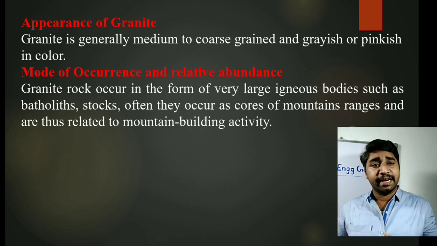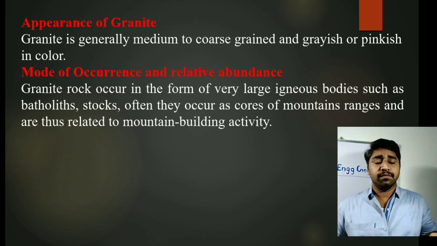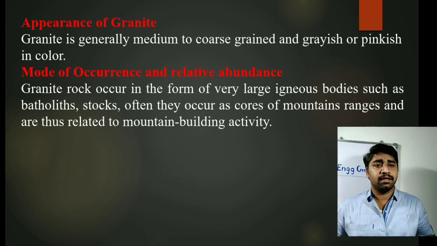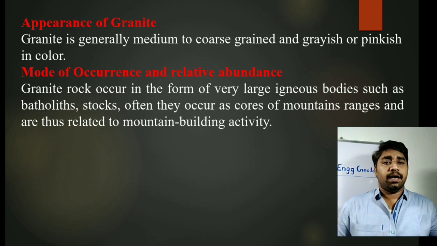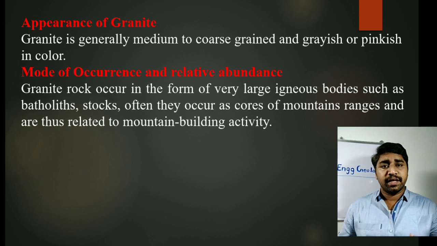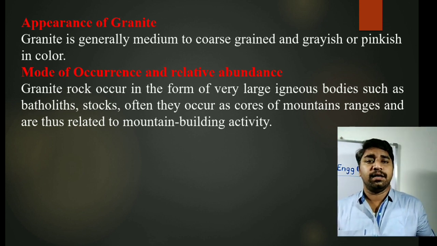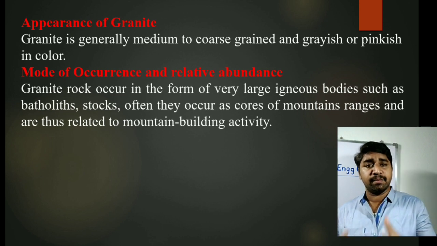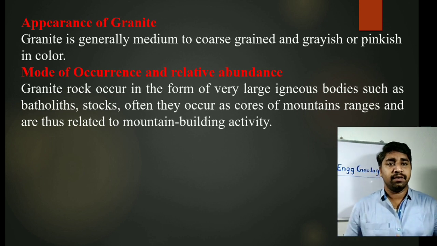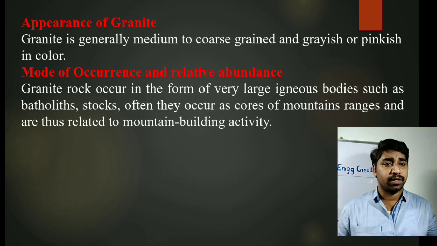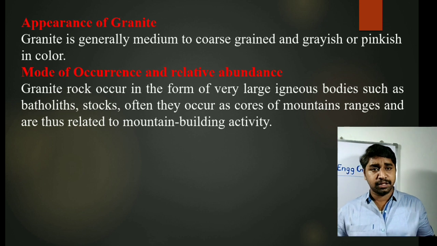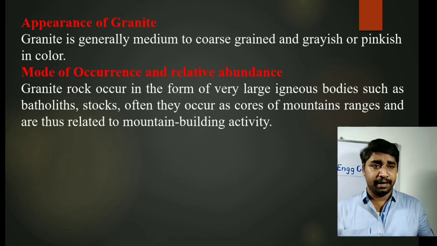So these granites are intrusive igneous rock and they are available at a greater depth. That is why they are available in the form of batholiths. In the igneous body formation, they are available as batholiths and stocks, and also they occur as the cores of the mountain, or they take the major role in mountain building activity.